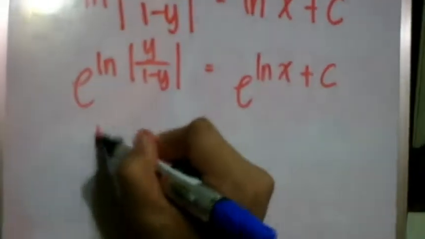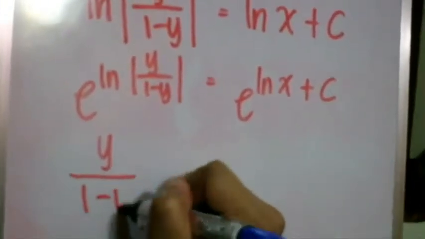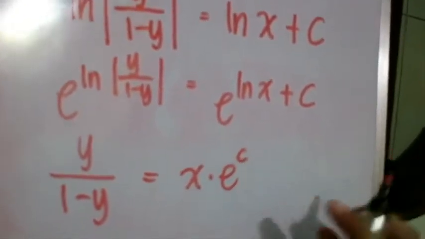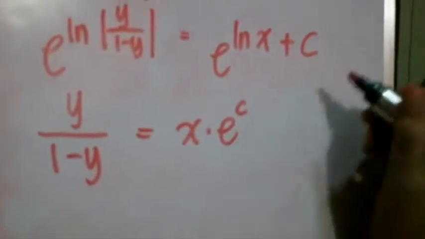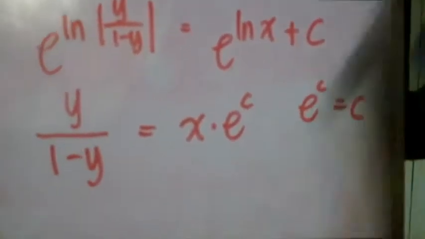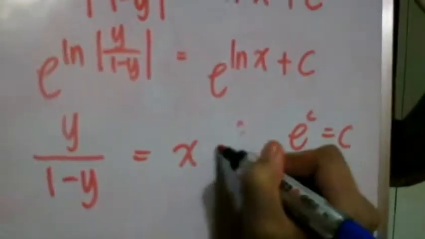So we have y over 1 minus y is equal to x times e raised to c. Now, e raised to c can be represented as simply c. So replacing that term just gives us c.